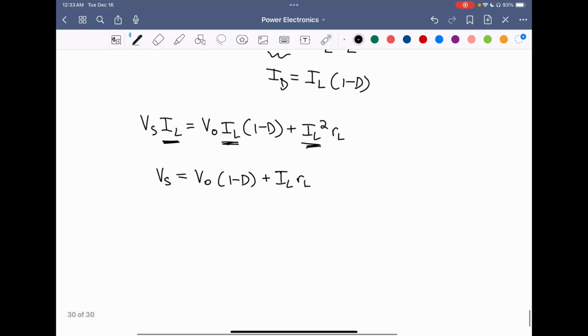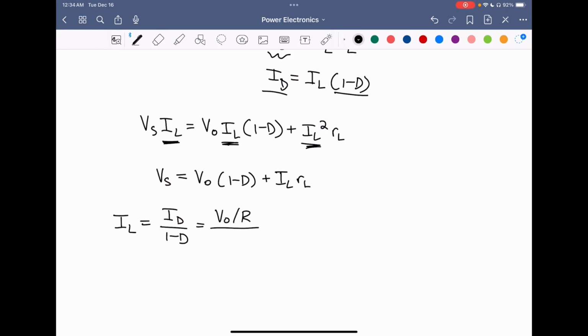Now, we can also express the average inductor current, which we assume is just the constant current through the inductor, as equal to ID over 1 minus D. That's just dividing 1 minus D on both sides of this equation. And we get that this equals V out over R, because we know the diode current is equal to the output current.